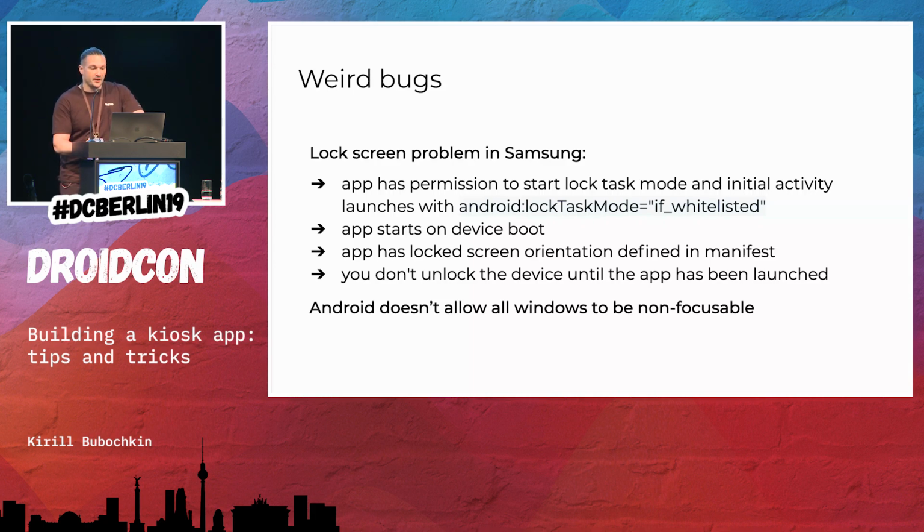But for some reason, Android doesn't like it when no window in the application at all is focusable. And the weirdest behavior about this is that it just freezes the UI when some input method editor event is sent to the device. It can be, for example, pressing the hardware back button on the device.